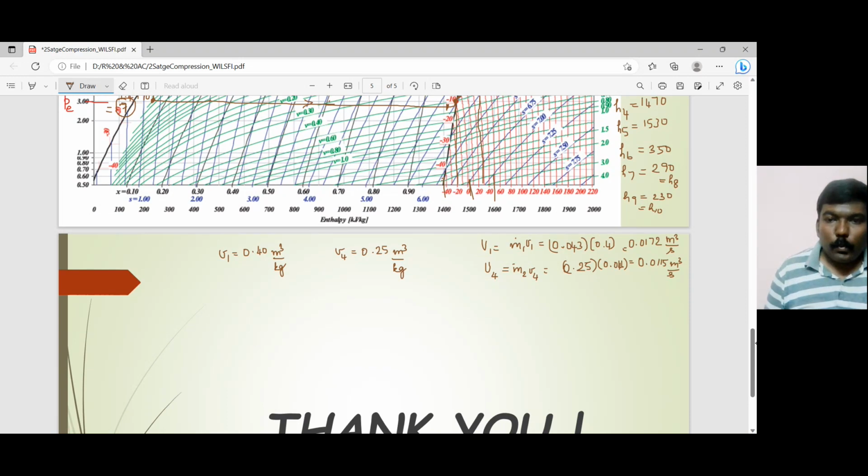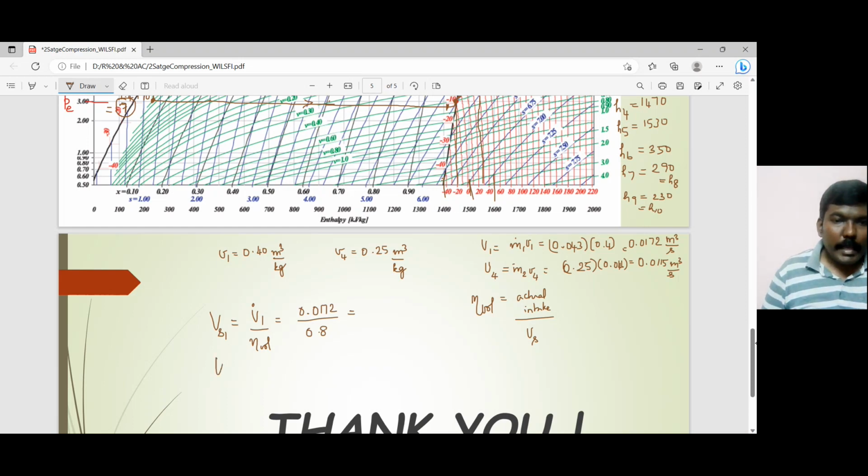Volumetric efficiency is actual intake divided by swept volume. So the swept volume for the low pressure compressor, let me denote it with VS1, is capital V1 dot divided by volumetric efficiency, that is 0.0172 divided by 0.8.